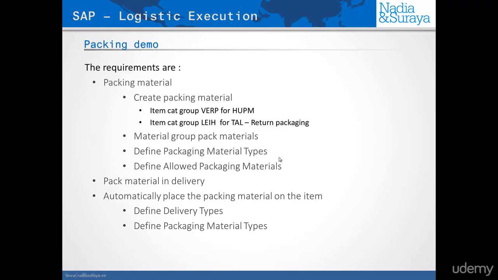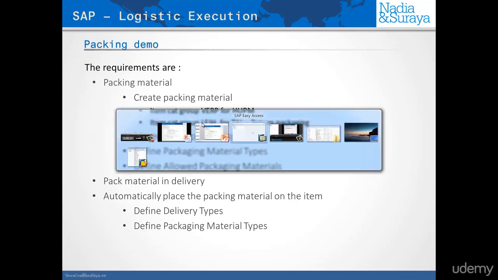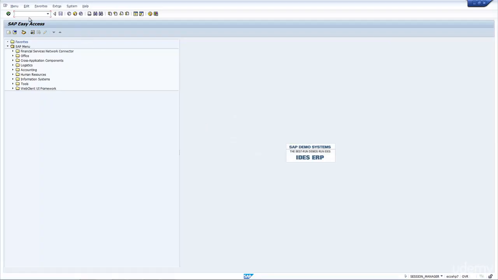The first thing that we need to do is create the packing material. We can either create a packing material with the group VERP or the group LEIH for returnable packaging. So let me create a new material, MM01, and we can have a look at the material type.